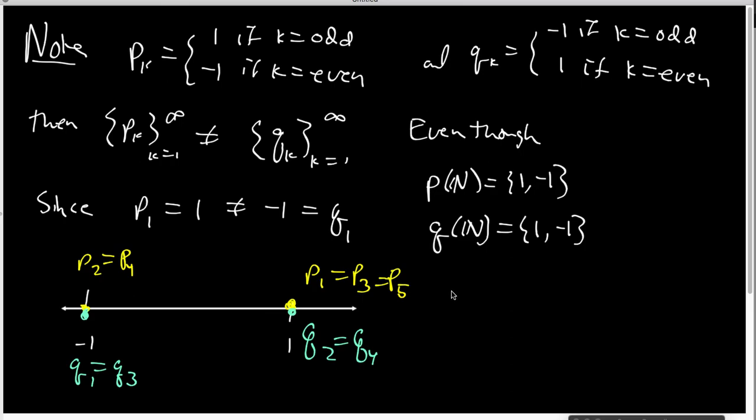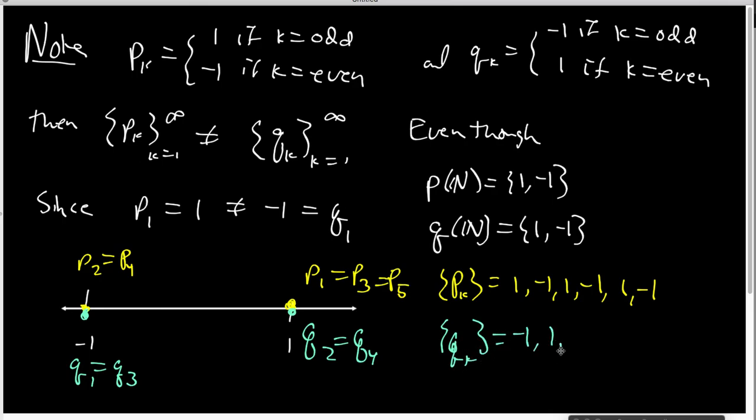In other words, it's important to note that the pk list is 1, -1, 1, -1, 1, -1, whereas the Q list is -1, 1, -1, 1, -1, and so on. And these are not the same lists, so they're not the same sequence.